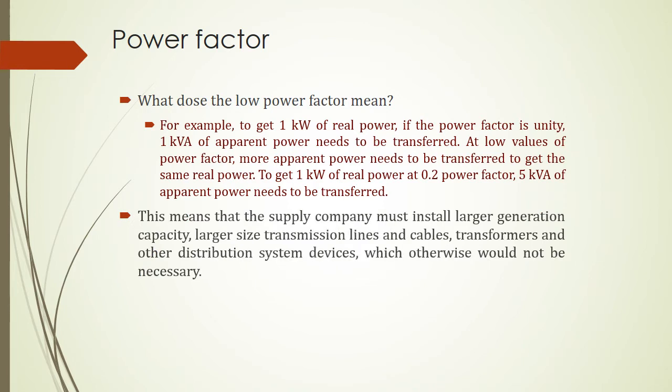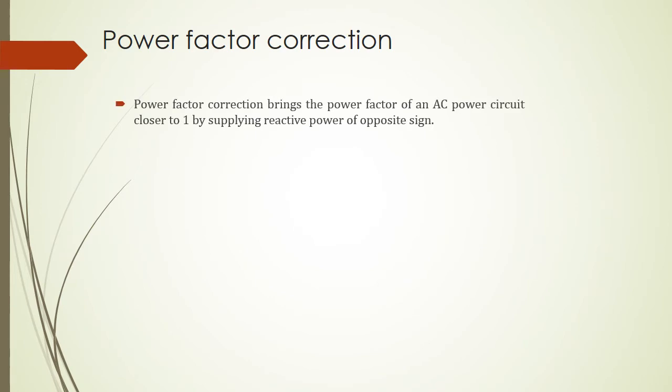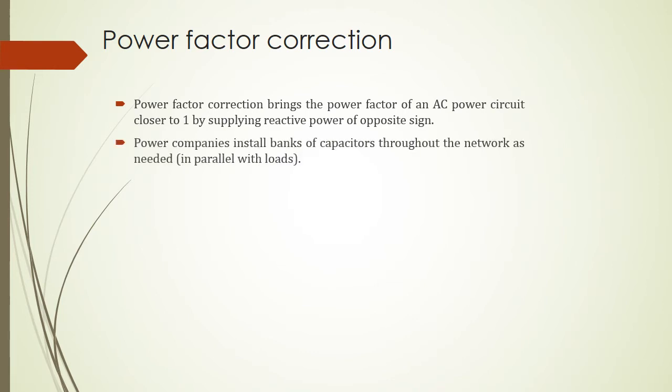So in order to reduce the capacity of our transmission line, power generation and cable transformers, we need to improve the power factor to near unity. So we need to bring the power factor closer to 1 by providing the correction. Power companies usually install capacitor banks throughout the network as needed, in parallel with loads, for example.